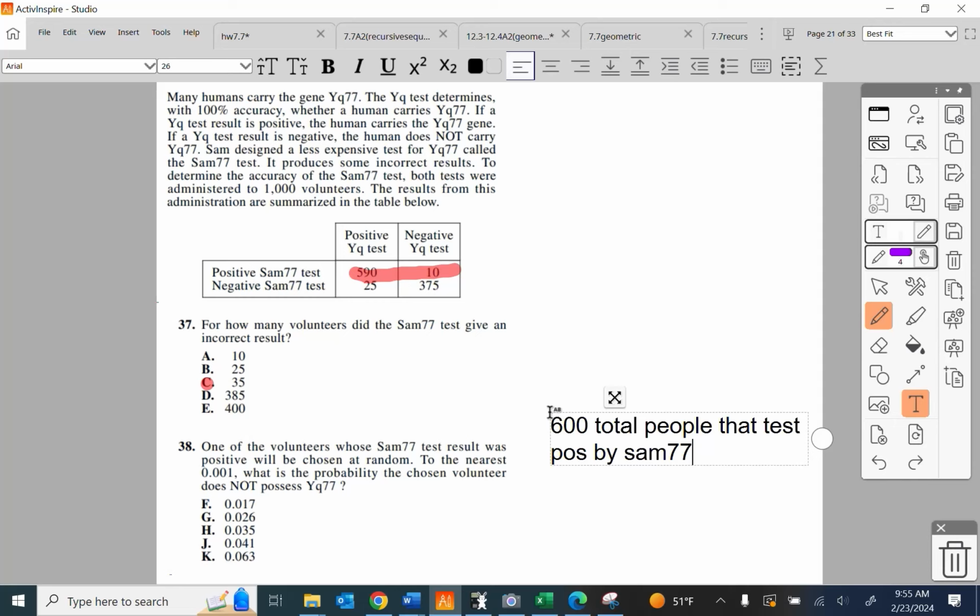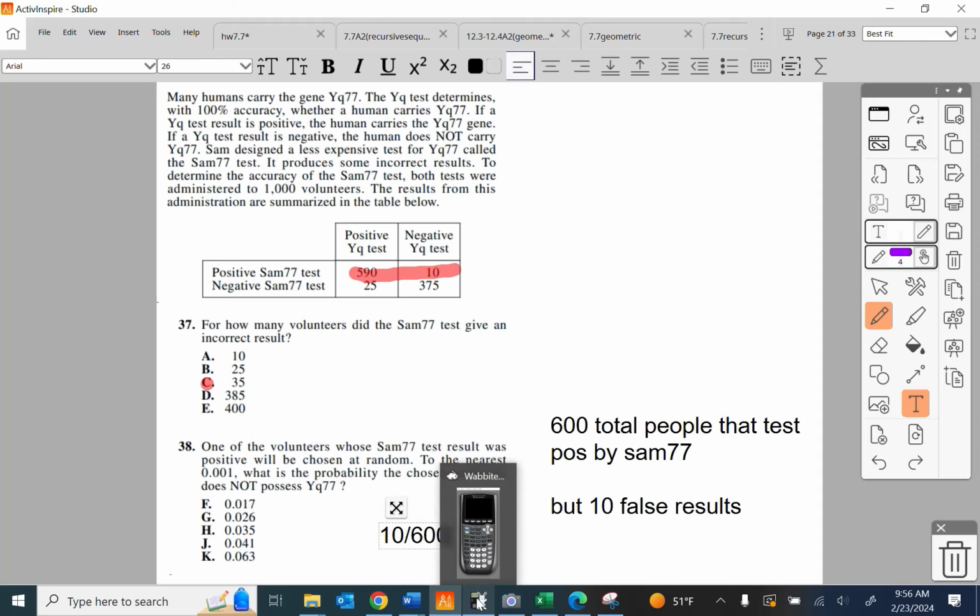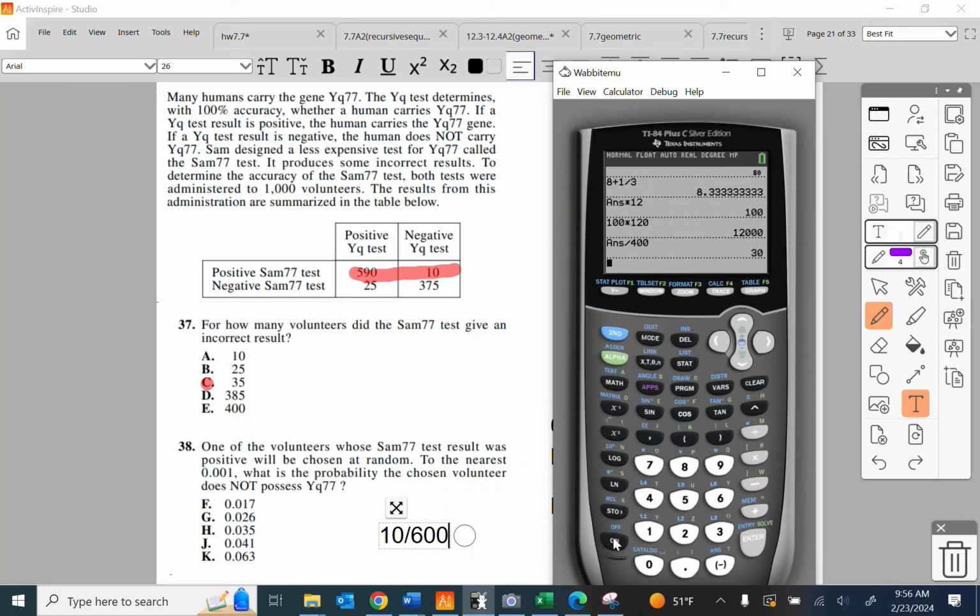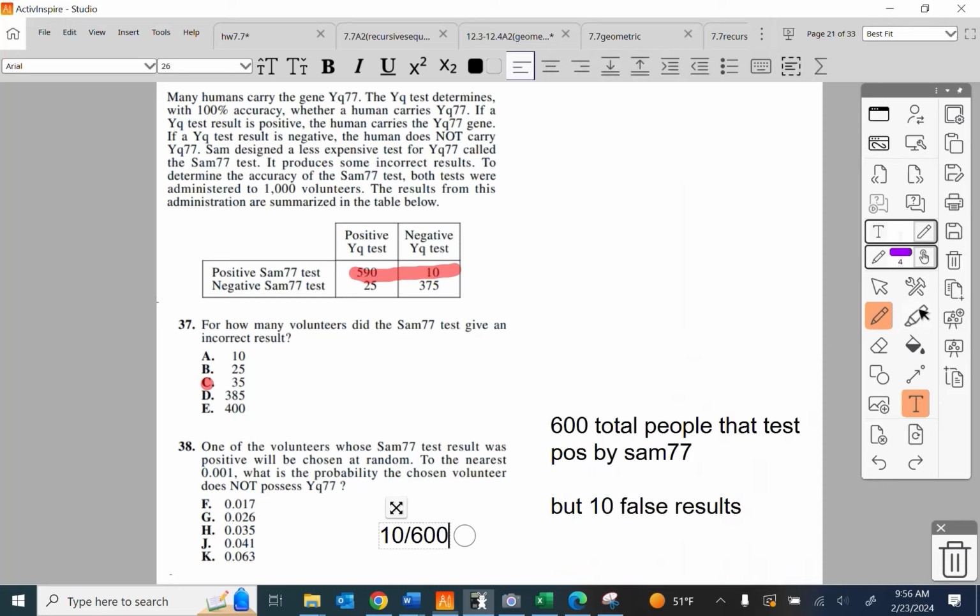Looks like 10 people in that group didn't have it, so 10 were false results because 10 actually tested negative on the real test. So it's going to be 10 out of 600, which should be 1 over 60, which is a pretty small decimal. But anyways, 10 out of 600. And there she is, choice F.